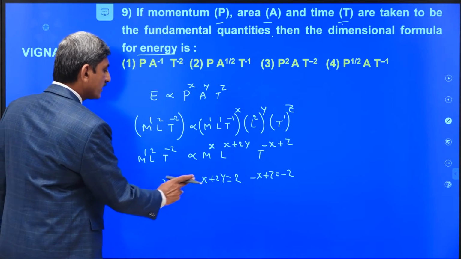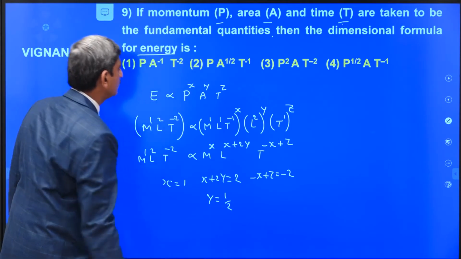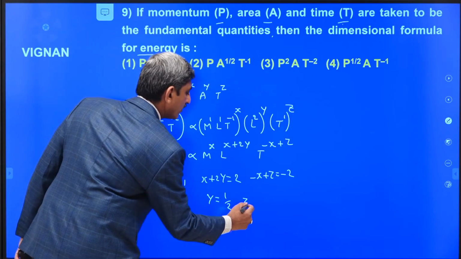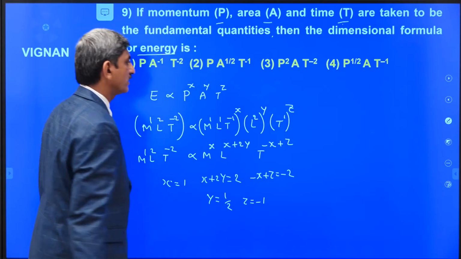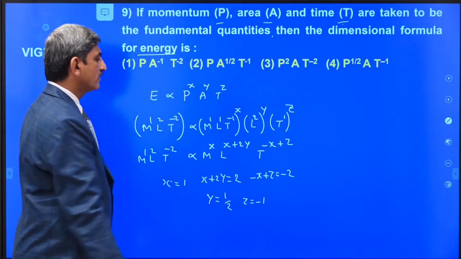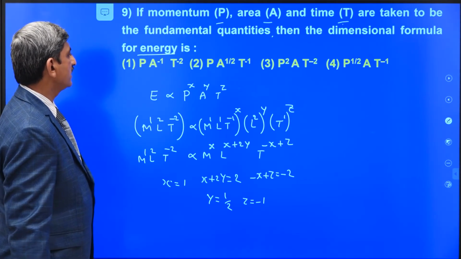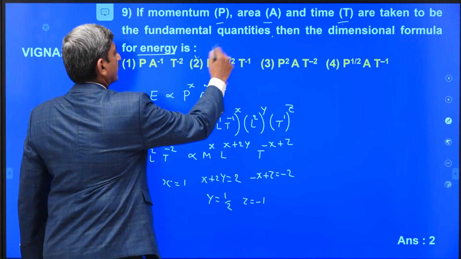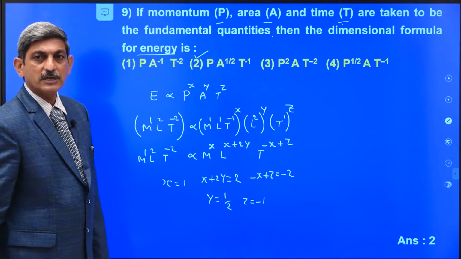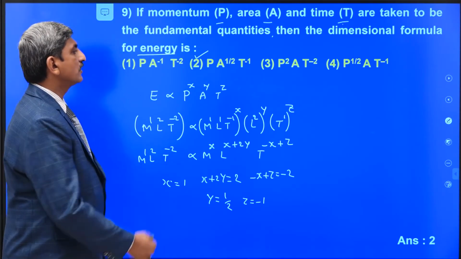By substituting the x value in this equation, we have y is equal to 1 by 2, and by substituting the x value in this equation, we have z is equal to minus 1. So by substituting the x, y and z values, we have the dimensional formula of energy as P to the power 1 by 2 t to the power minus 1, right? So your answer is 2.